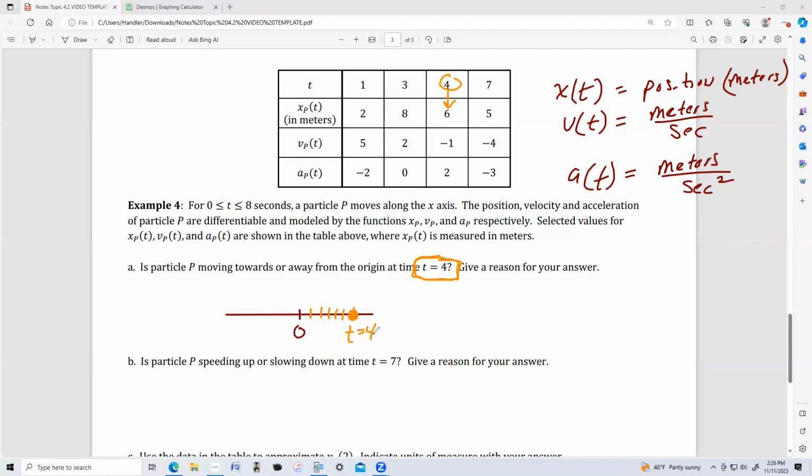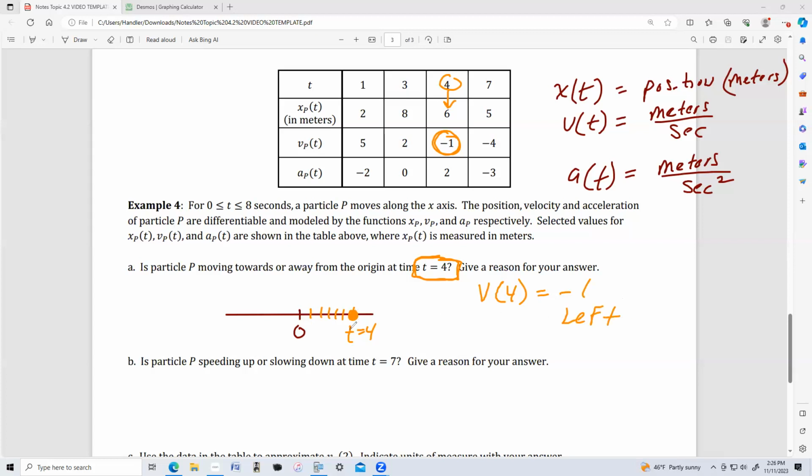So now, at that time, is it moving towards the origin or away? I'd need to know, is it moving right, away from the origin, or moving left, towards the origin? Well, how do we determine left or right? Left or right is determined by the sign of the velocity. If we look at the velocity row here, at time 4, the velocity is -1. So the velocity at 4 equaling -1, the negative means it's moving to the left.